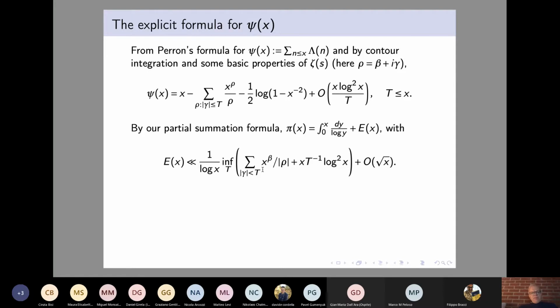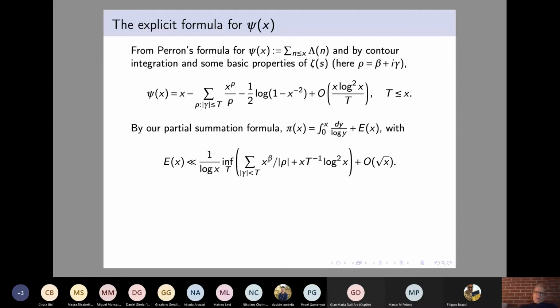You have here x to the beta in the sum, where beta denotes the real part. I put it up here. So rho is beta plus i gamma. So we sum up to height t, so the imaginary parts are all less than t, and we have here x to the real part of the zero.